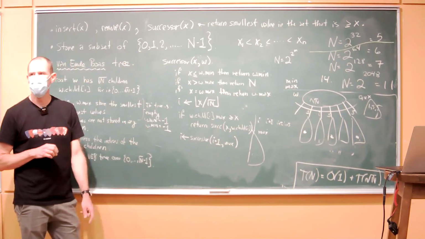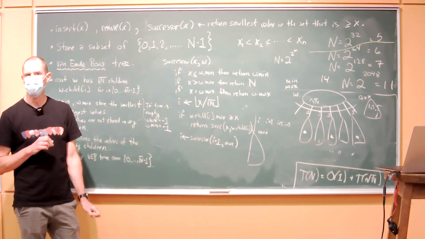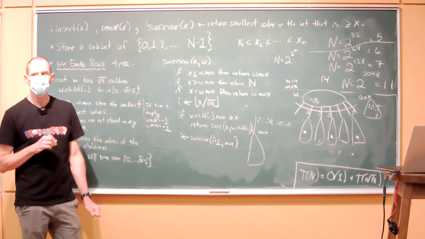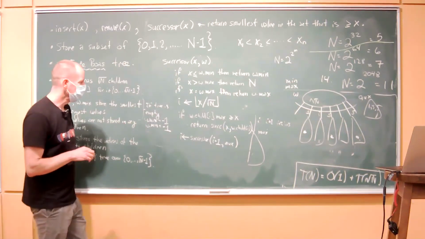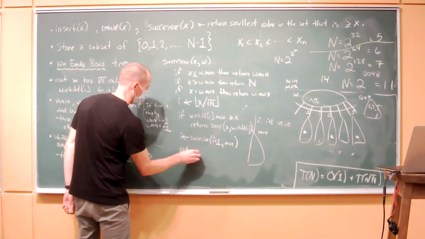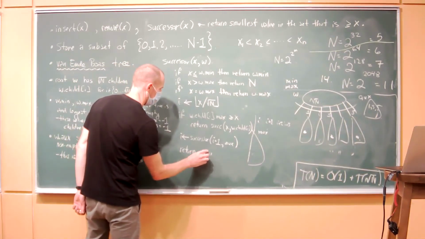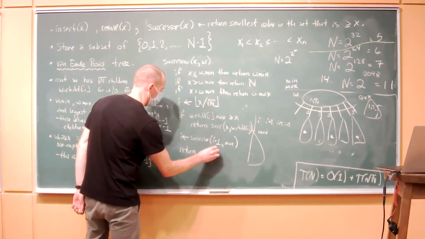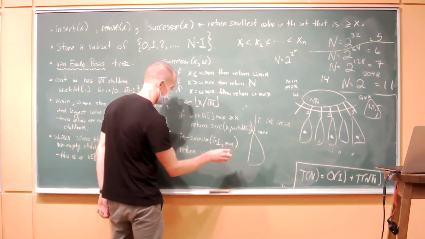Now we have to finish up and make sure we're done immediately without another recursive call. How do we? So we return W.child[i].min, that's now the one we want.